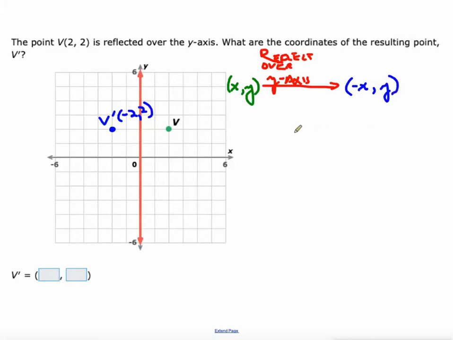So when you reflect over the y-axis, your y value stays the same, but your x value becomes opposite. So in this case, we had 2, 2. When we did this reflection, the new image was -2, 2. So x became opposite, y stayed the same.